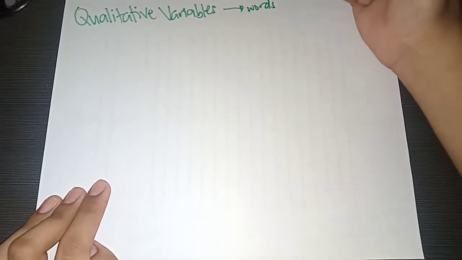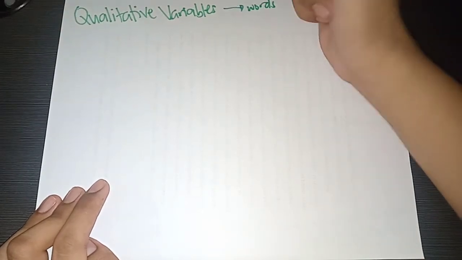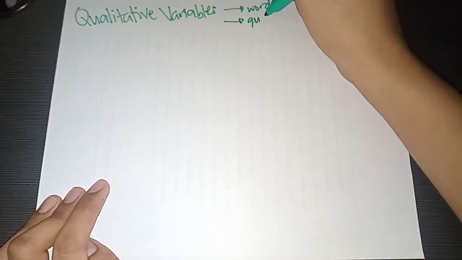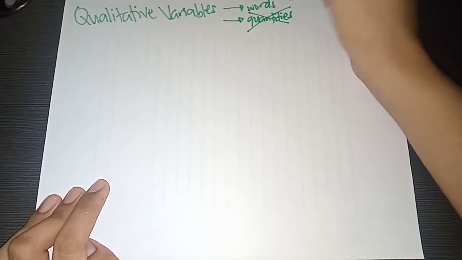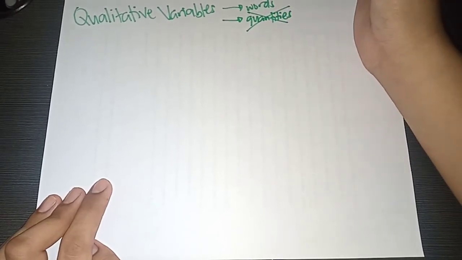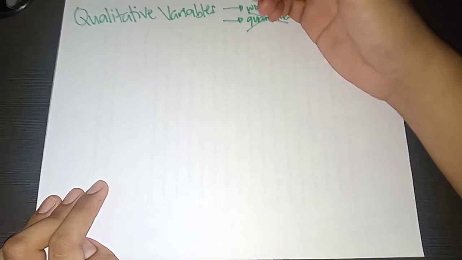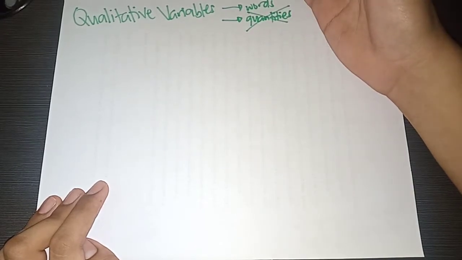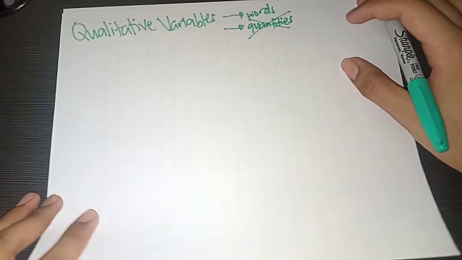So it is not commonly expressed through the use of quantities. The use of quantities is not commonly used in qualitative variables. However, what do you think? Can we classify some numbers as qualitative variables?